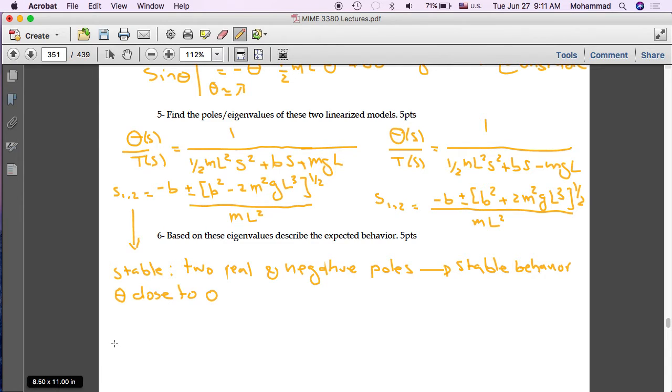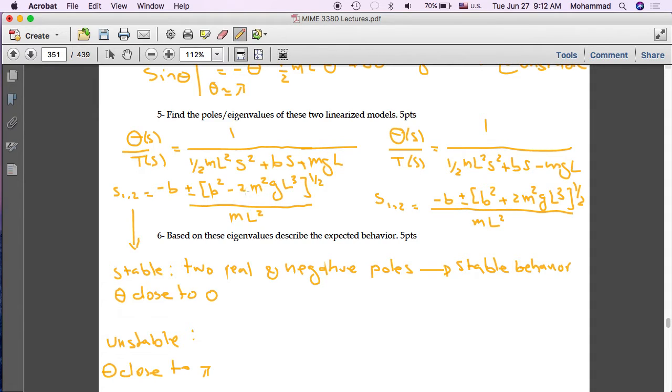Now for the other case, which we already called unstable, but really means theta close to pi, we have 2 real still. So I should qualify that. It's not necessarily real. Let's go back to the first case. If under the square root becomes negative, it's no longer going to stay real.